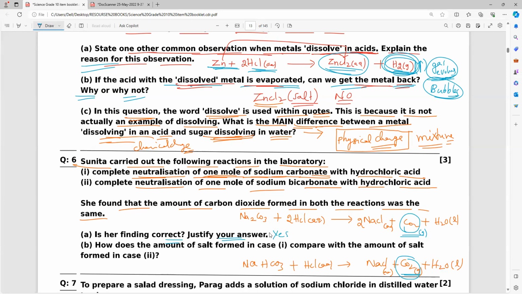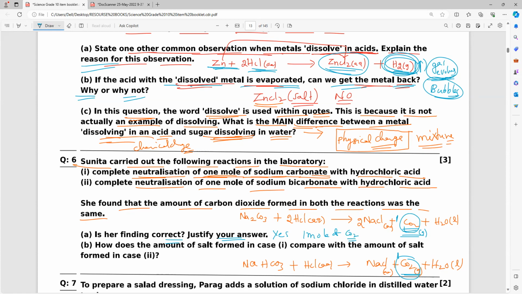True. So 1 mole of CO2, how many moles is producing here? Coefficient nothing is there means 1. How many moles of CO2 is coming? 1 mole of CO2 is produced in both the cases.